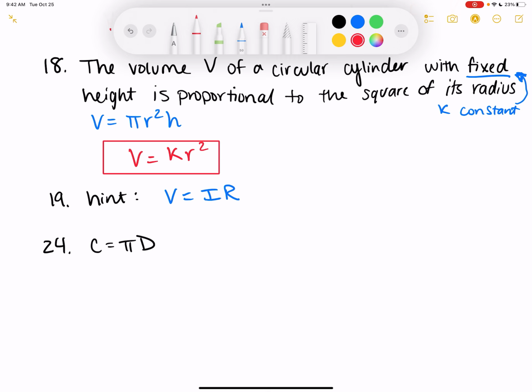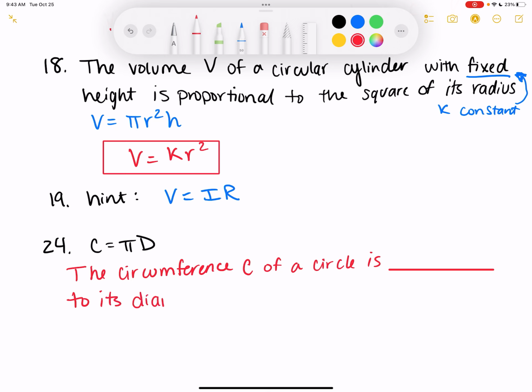Meaning you're going to say something like the circumference C of a circle is, and this is where we either write the word proportional or varies directly. We would say either varies directly and take out the is, or we would say that it is proportional to its diameter, d, with the constant of variation pi.